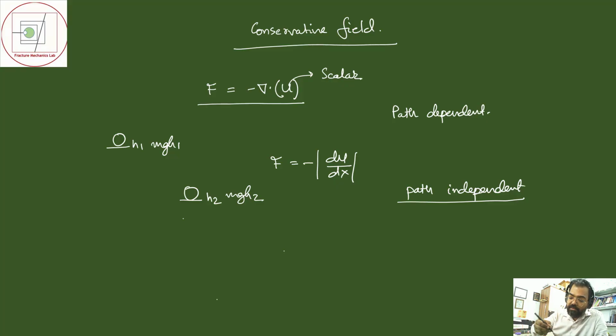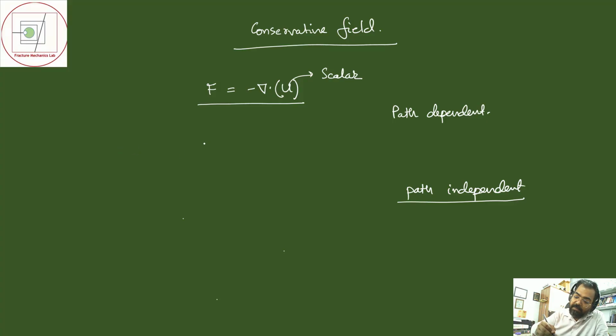Why is it called a conservative field? What is being conserved here? It makes it path independent, but the conservative nature of the field is described by what is known as Pfaffian integral, which is an old word for that these days, and also the simpler word for this is called exact integrals.